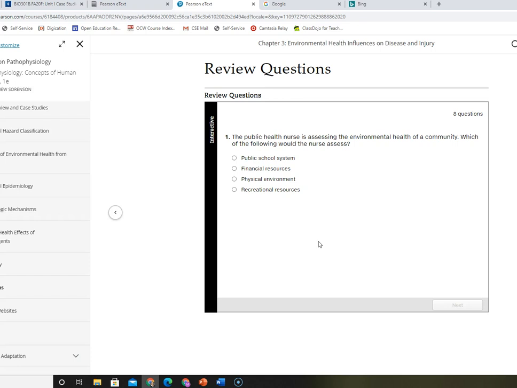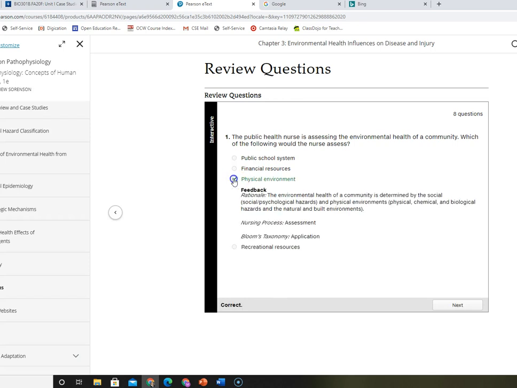We sometimes do this in class, but if we don't have time, we're going to go over it now. Okay, take a second to read the question and answer it. Again, remember, if you need to pause it and read the feedback, that's why I like the e-text version, because it gives you the feedback here.